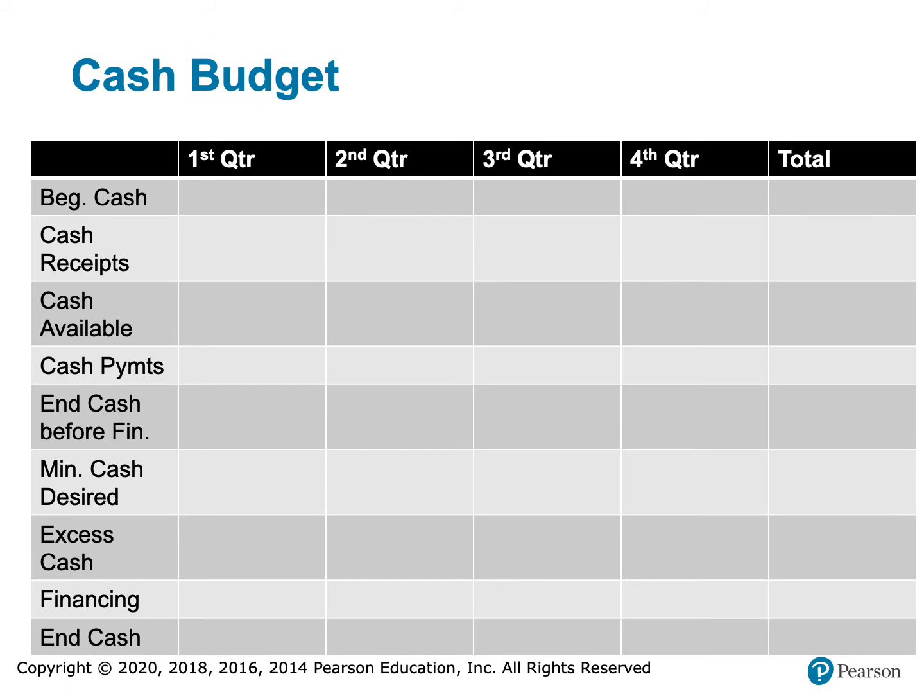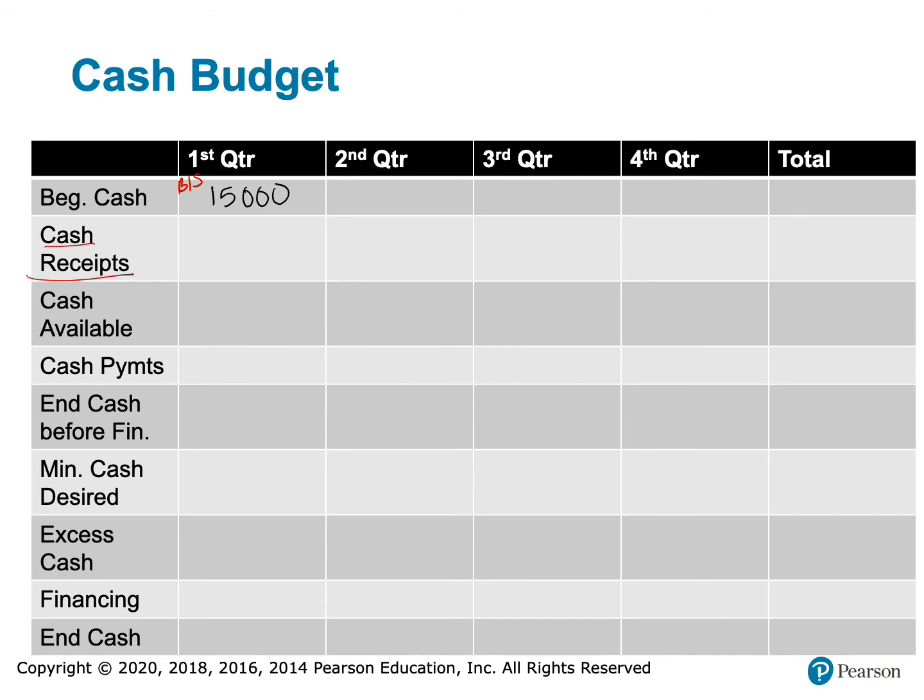So now let's go pull off our numbers here and look. This beginning cash balance is going to come straight off of the balance sheet for quarter one. So I'm just going to put a BS there in the corner. For quarter one, we were just told that our beginning cash balance is $15,000. That's how much we're starting with. Now, our cash receipts are coming straight off the schedule of cash receipts, right?